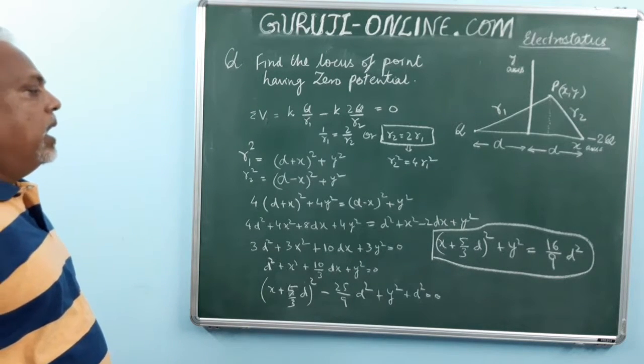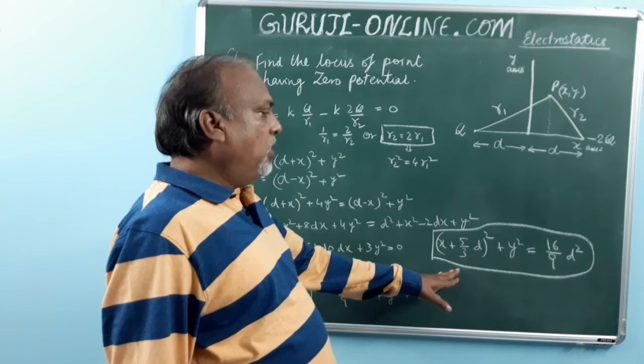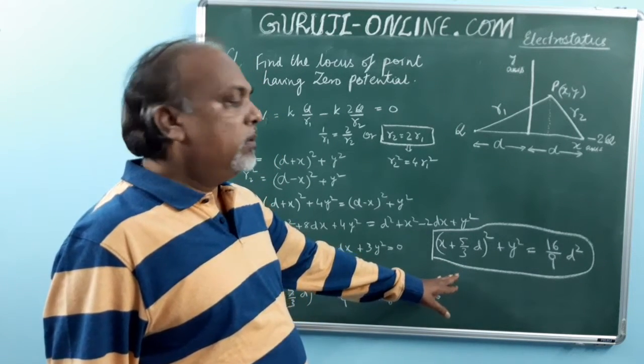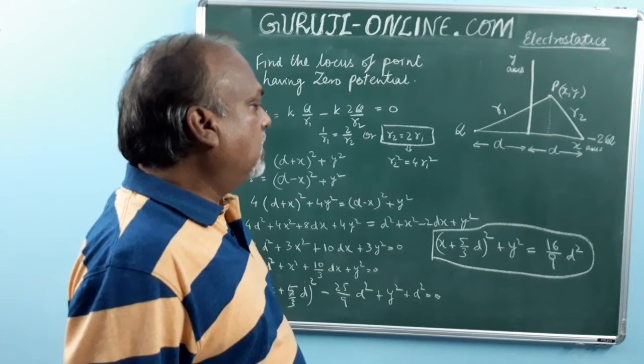So this is the locus of the point having zero potential. And what is this basically?